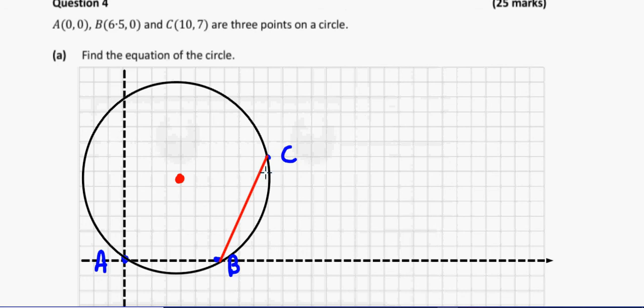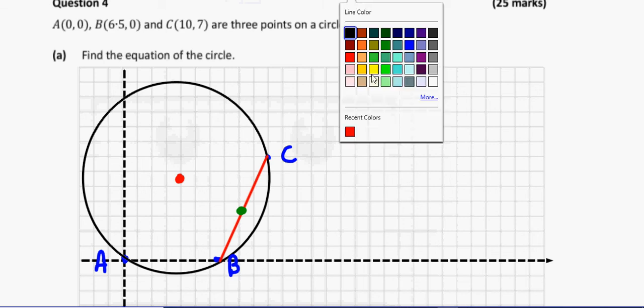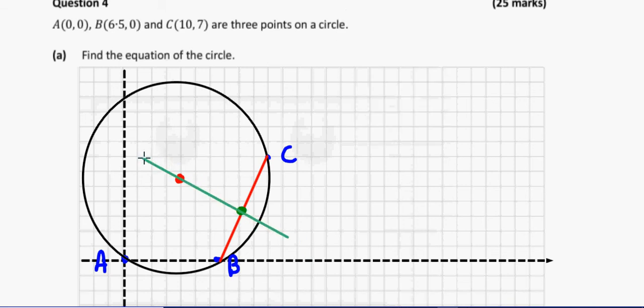What I'm going to do next is get the midpoint of B to C using the midpoint formula. I get the slope of BC, and then I'm going to get the formula of the perpendicular bisector, which is the green line. See the way this line goes through the center of the circle.